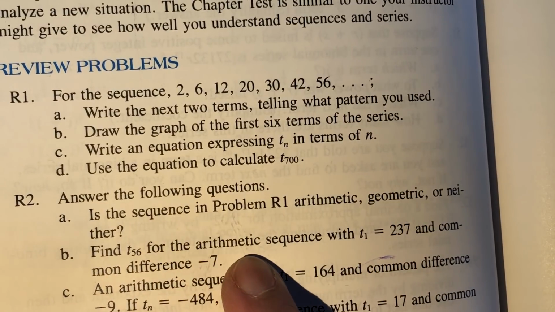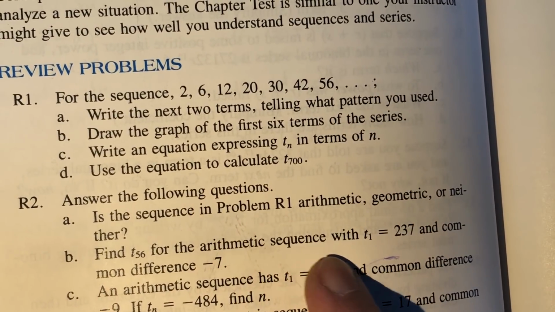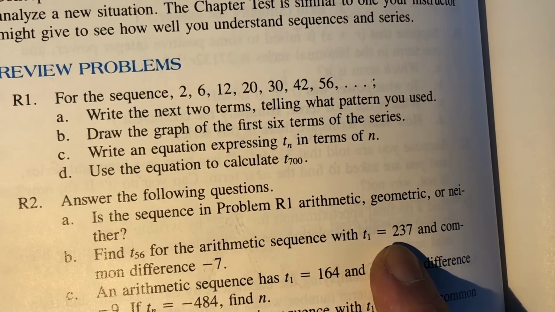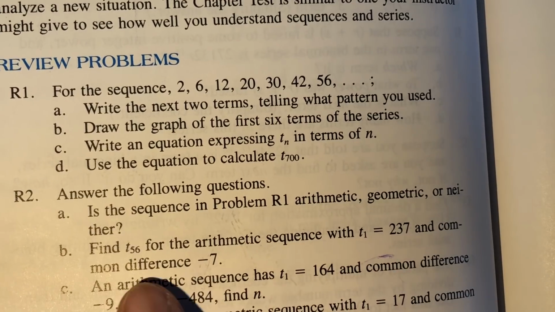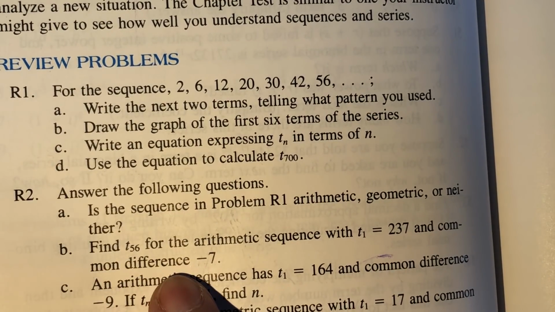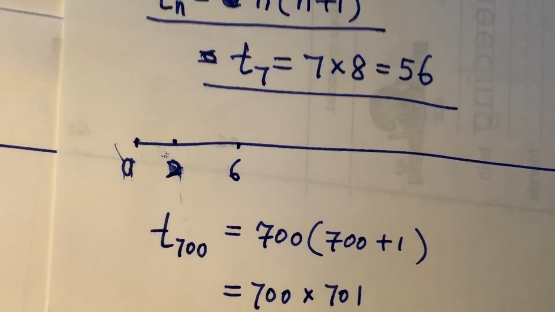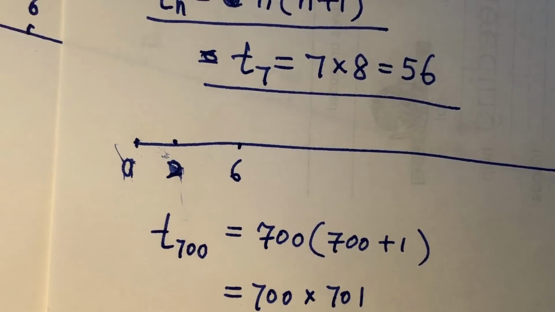Find T56 for the arithmetic sequence with T1 equal to 237 and common difference -7. Okay, so this is another problem.